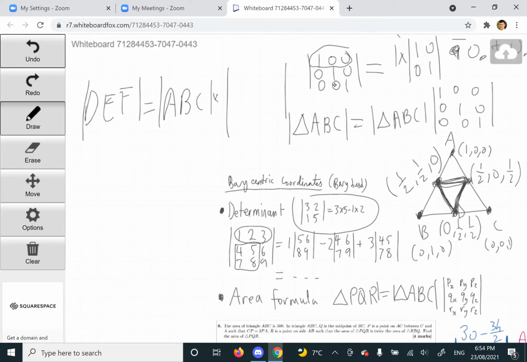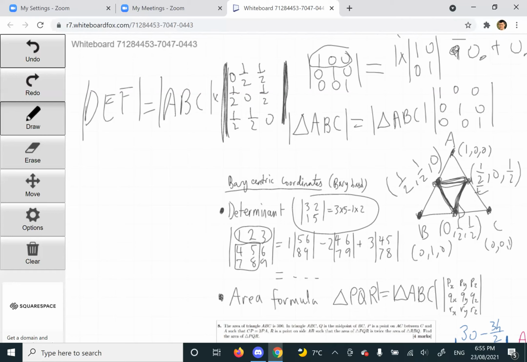D is the bottom one, E is that one. If it comes out negative, I'm sure it's just the other way. The sign doesn't really matter, but it could come out negative if you remember it the wrong way. So 0, half, half. Half, 0, half, and half, half, 0. That makes sense?